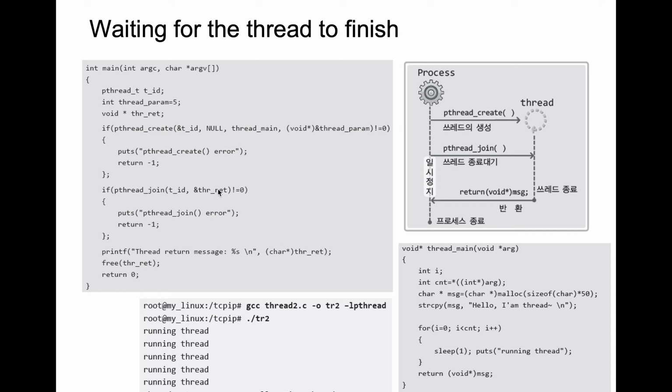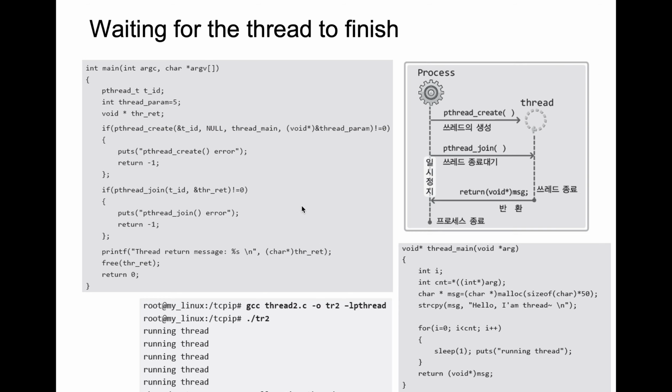And we are reading that value as thread return, which is a void pointer. When that thread join has passed, that means the thread has terminated, we are printing out the value of that thread return memory area, converting it back to a character pointer.